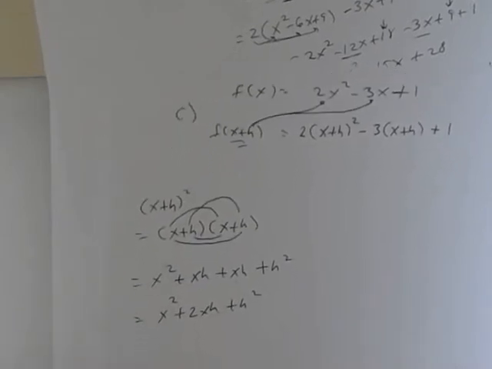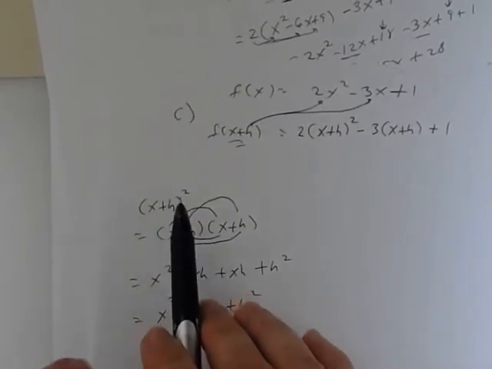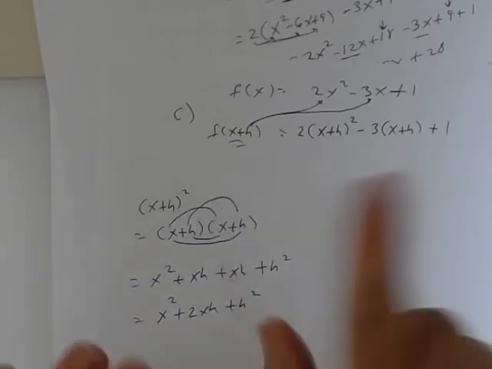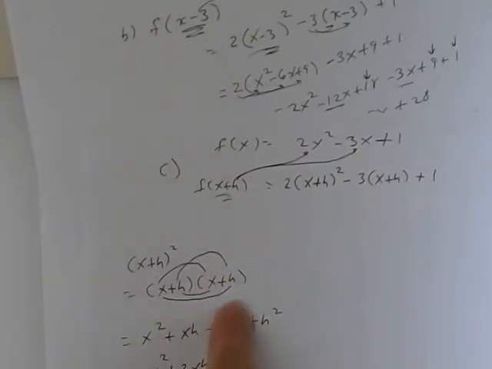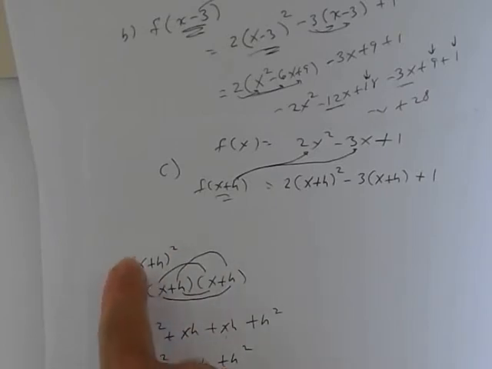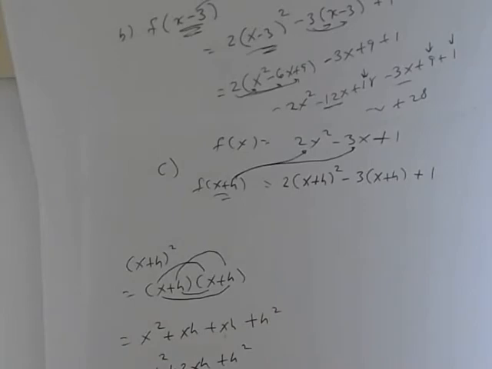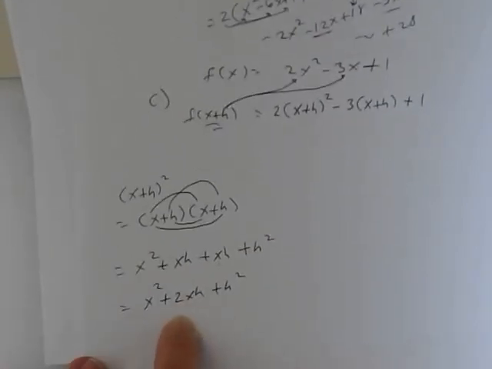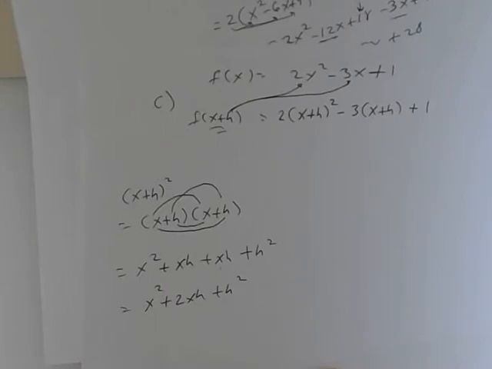Okay. So whenever you do the difference quotient and it's quadratic, you're always going to do this part here. So whenever you square x plus h, every time you're going to end up with what? x squared. You're going to end up with x squared plus what? 2xh plus h squared.